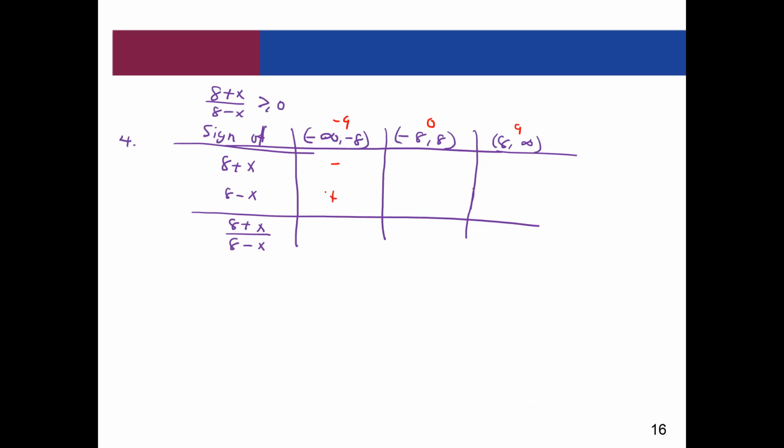Negative divided by positive is negative. For the second one, if x is 0, 8 plus 0 is positive and 8 minus 0 is also positive, so positive divided by positive is positive. Last but not least, for 9, 8 plus 9 is positive and 8 minus 9 is negative, so positive divided by negative is negative. So the only interval that satisfies the inequality is the middle one.